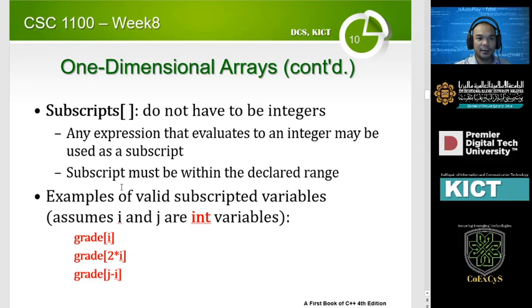Okay, so when we're talking about subscripts, basically the square brackets that we're using, you can put any expression in there that can be evaluated to an integer, right? For example, here we can put into the subscript a variable, for example, grade I, or grade 2 times I, or grade j minus I, right?